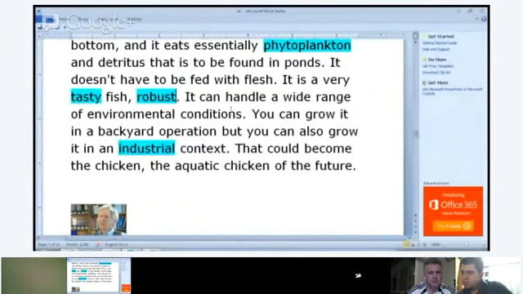So you can grow it in a very small backyard operation. That's the garden at your house. Or you can grow it in a big industrial factory context with a lot of different ponds. So maybe tilapia will become the aquatic equivalent of chicken.